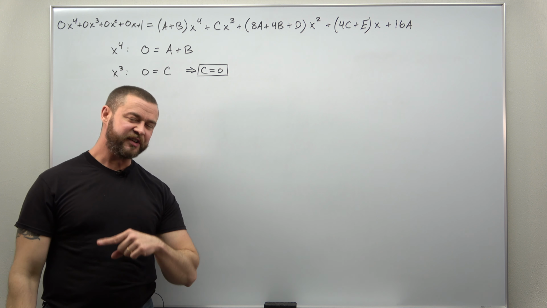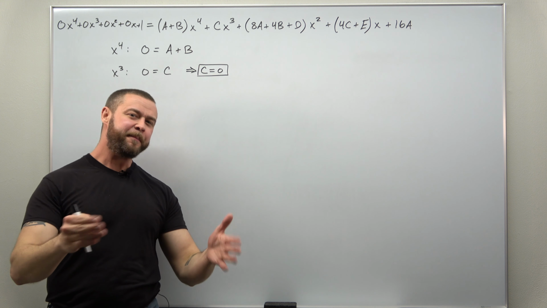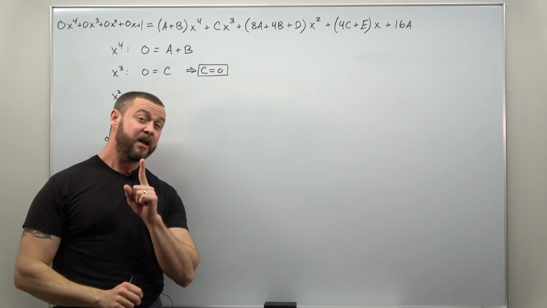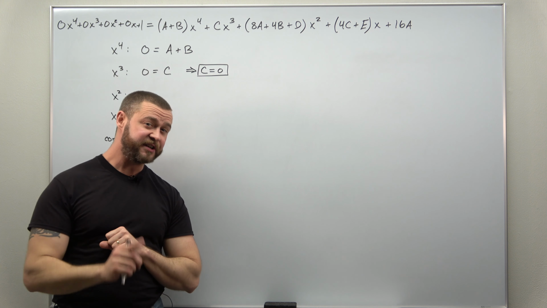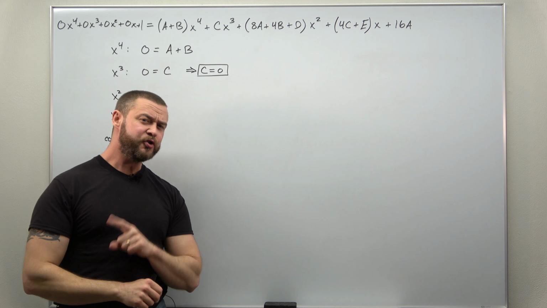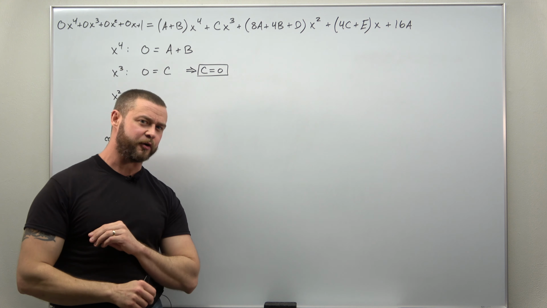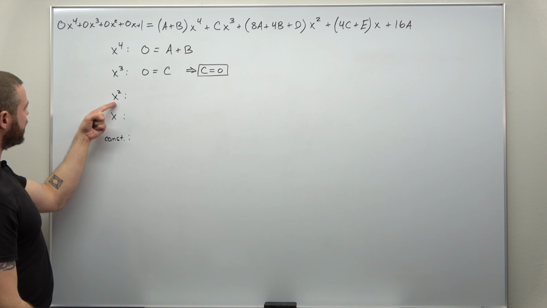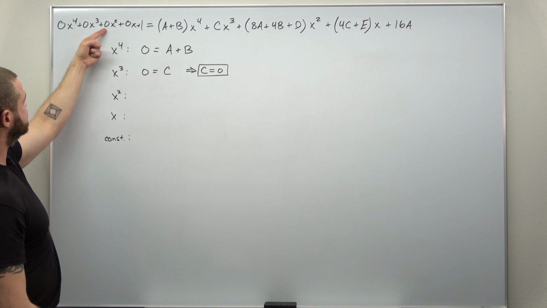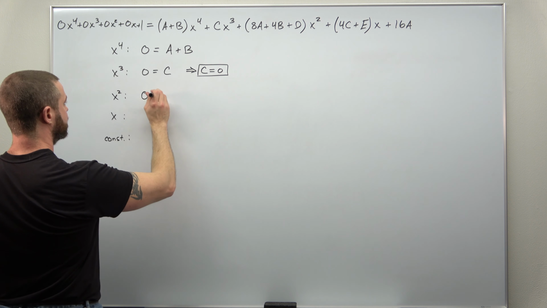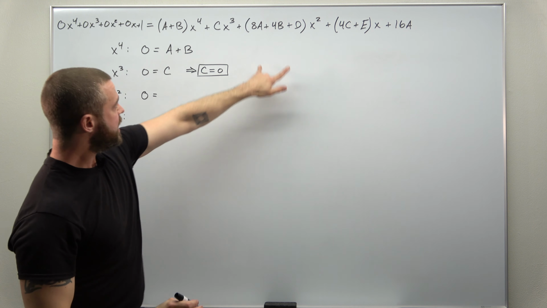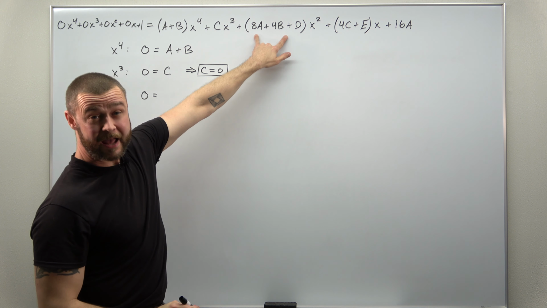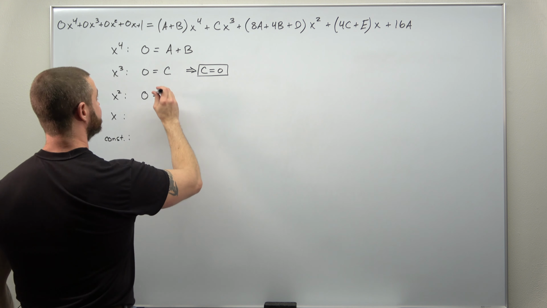Now, I chose this example to kind of take pity on my calculus students. Hopefully, your professor takes pity on you too and gives you a few coefficients that are 0. All right, so let's keep going. We go to our x squared coefficients, 0 for your coefficient on the left, and on the right side, 8a plus 4b plus d.